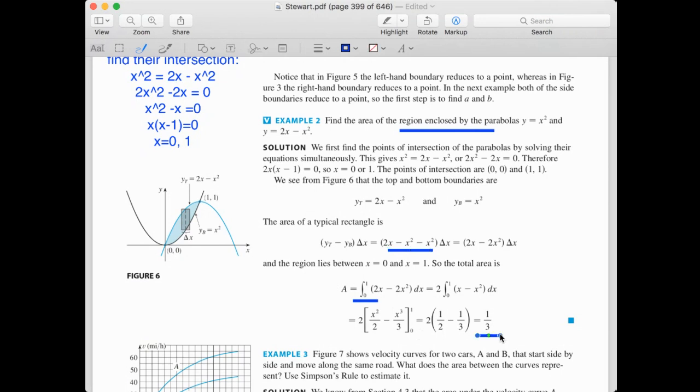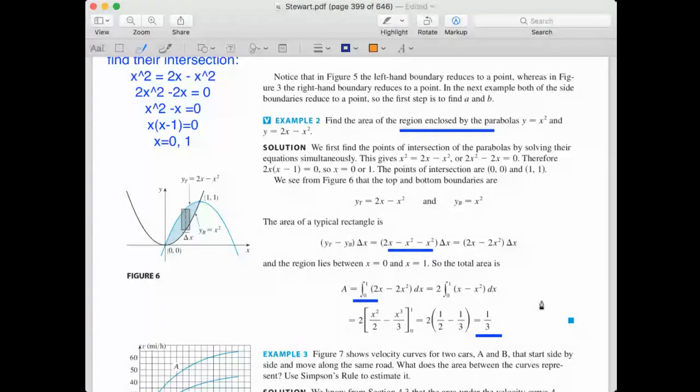All right, so you may ask, what if sometimes it's difficult to draw the picture? I don't know which function is on the top and which is on the bottom. If we switch this integral, we will get negative 1/3. If we do x squared minus (2x minus x squared), we would get a negative value.